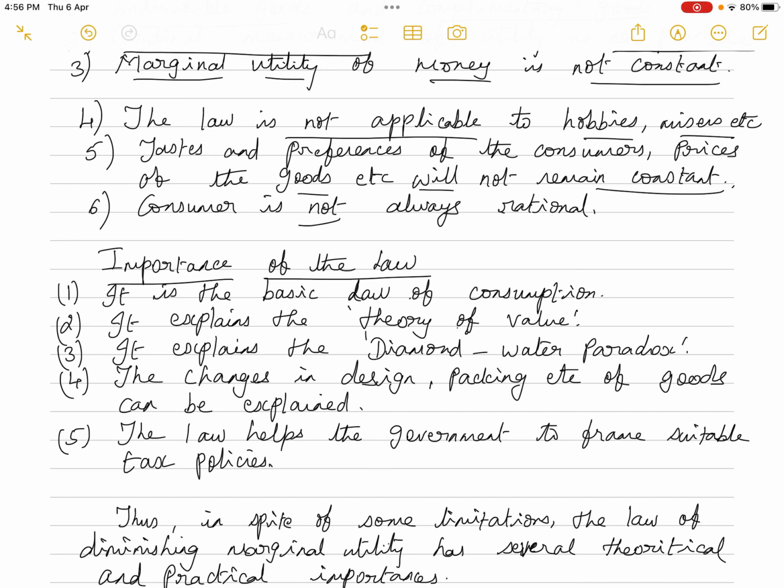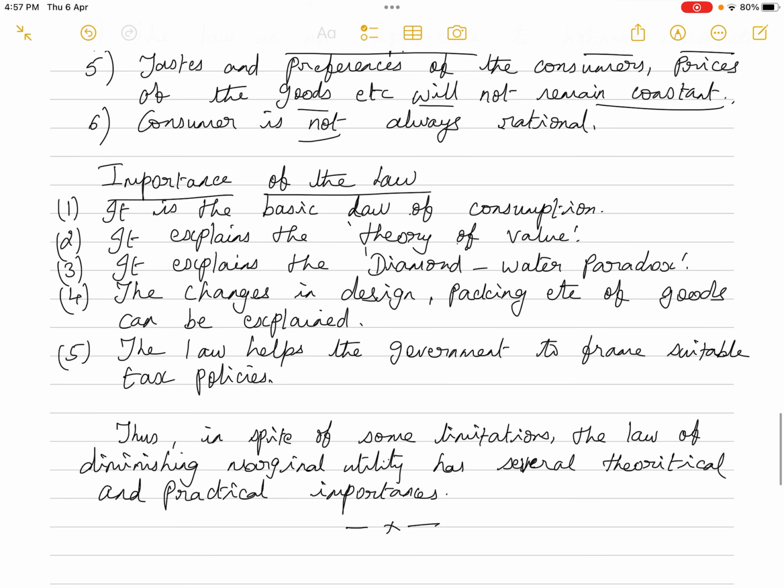He knows the prices of various goods in the market. He should be completely aware of the market conditions. But in actual practice, no consumer has all this practical knowledge, and every consumer does not always know how to attain the maximum satisfaction. So the consumer sometimes acts irrationally. Okay, so these are all the limitations of the law of diminishing marginal utility.